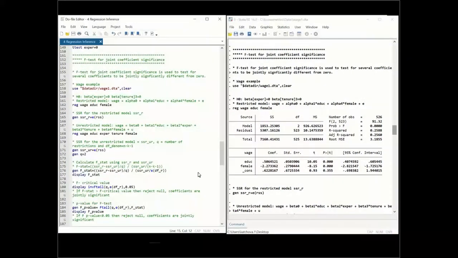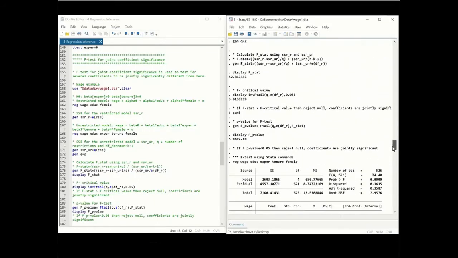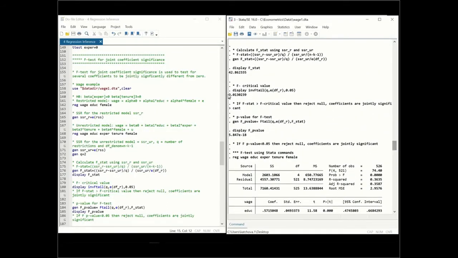So now we can display the F statistic here. You can see this is the restricted model, and that's the unrestricted model, and here we're calculating the F statistic. Now we have a much larger value of 42.